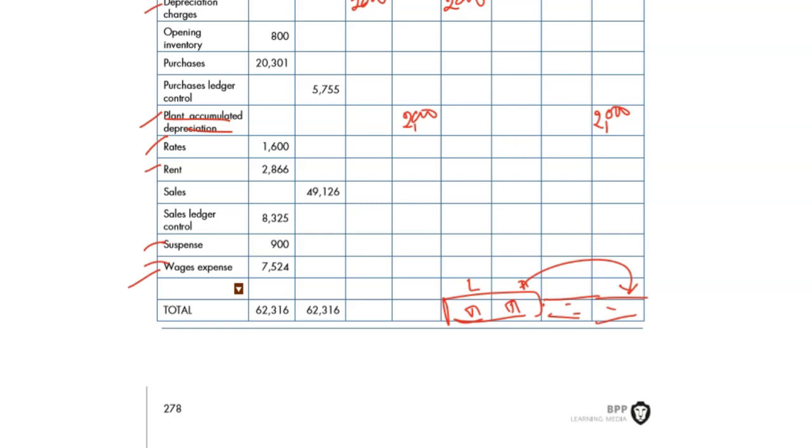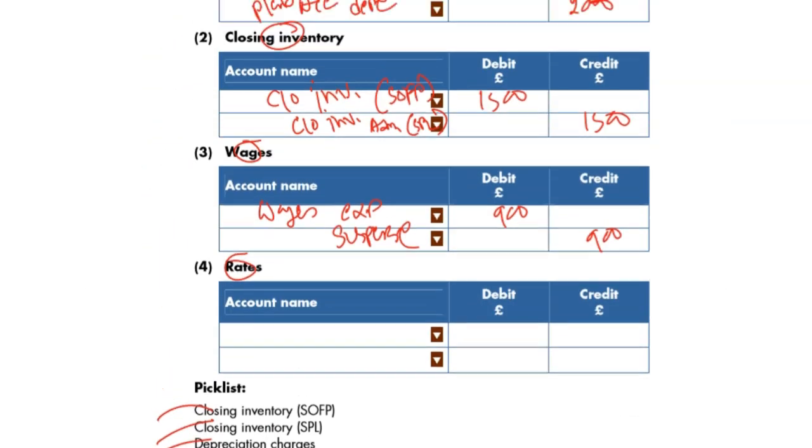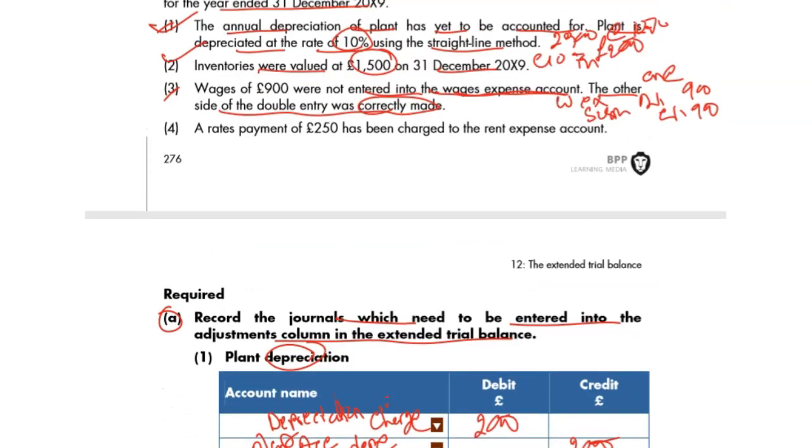Wages expense debit. That's my adjustment. And suspense credit. That's my adjustment. Okay. So far so good. Wages goes into the SPL as an expense with the adding of our figure. We're gonna do that in a minute, because we still have one more adjustment here.